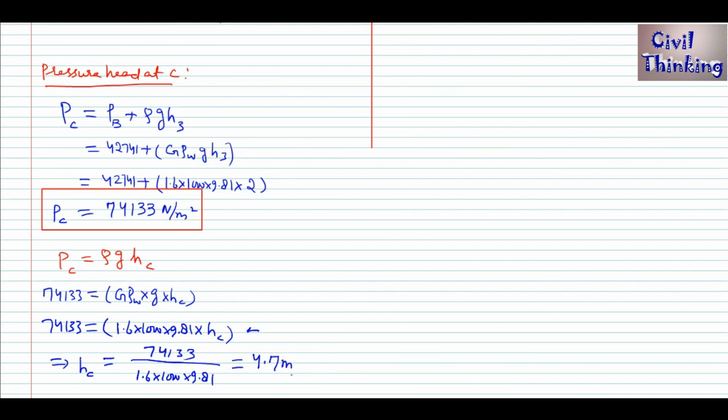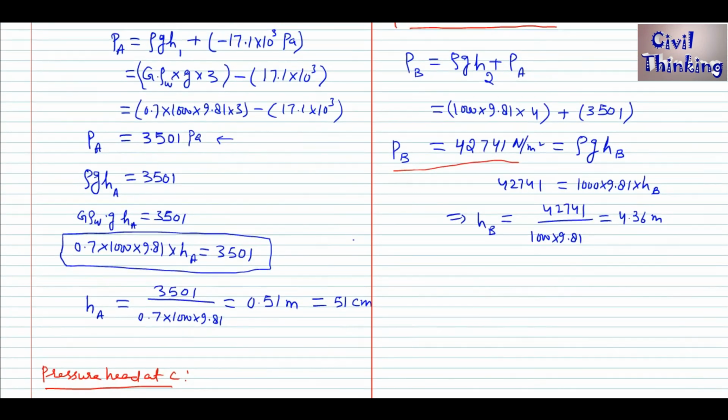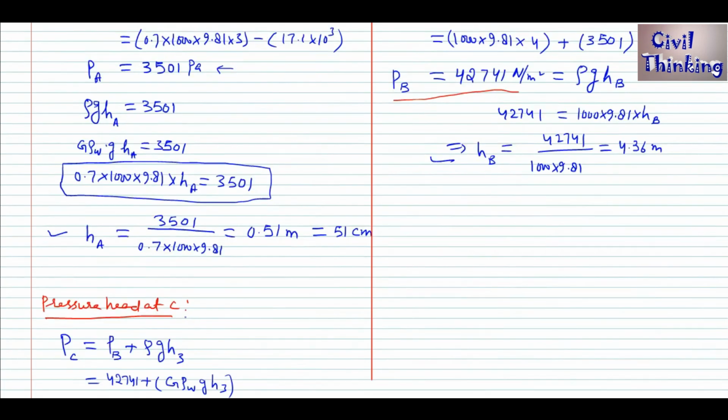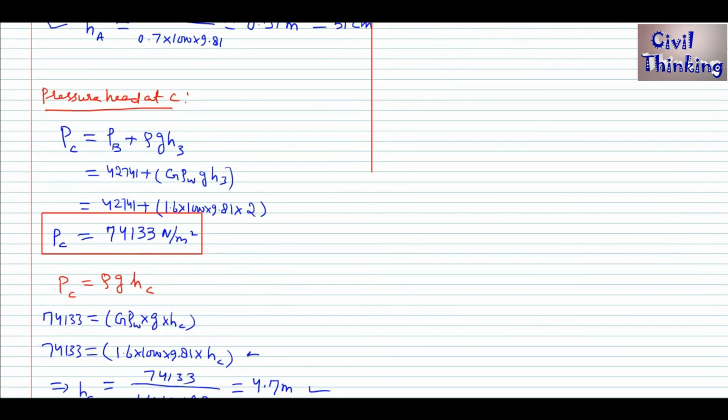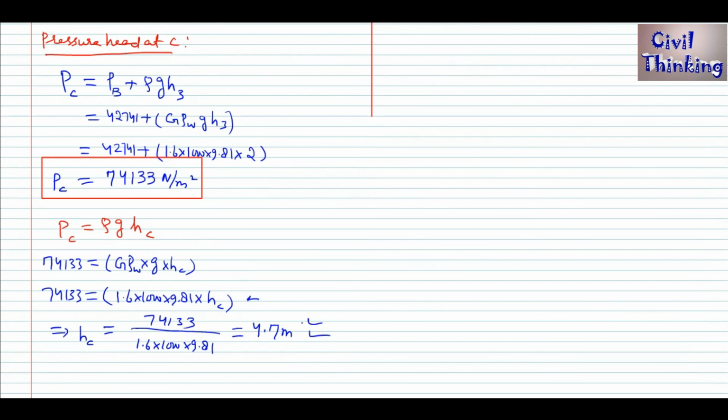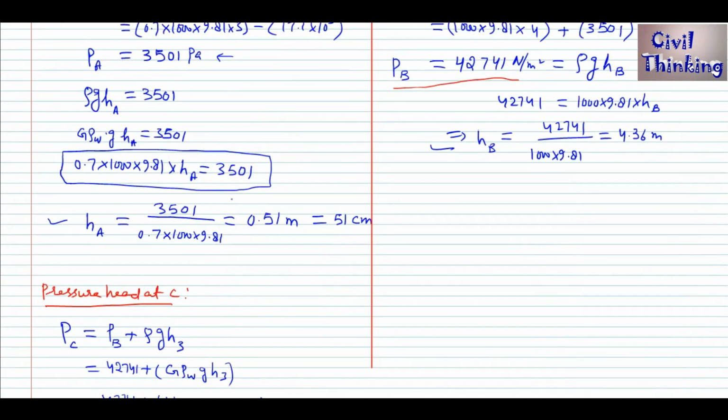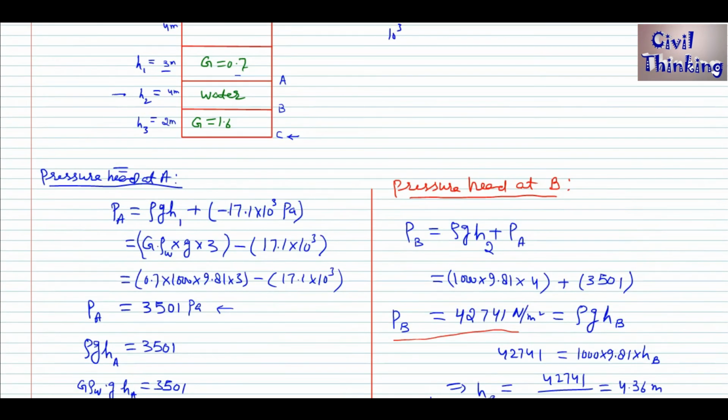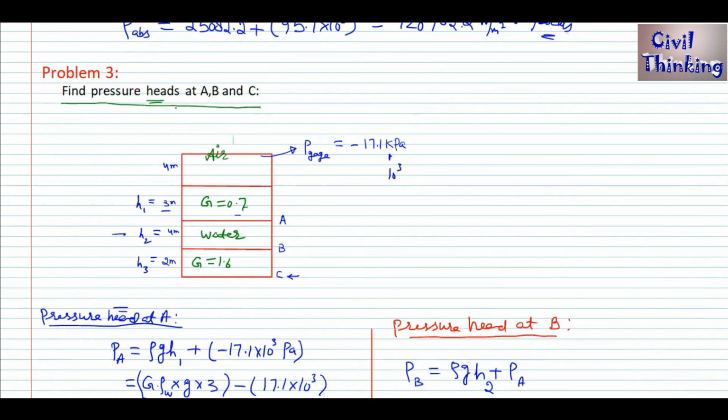In this way we found the head at B, the head at A, and the head at C. I think that was all that was asked in the problem: find the pressure heads at A, B, and C, and we found them.